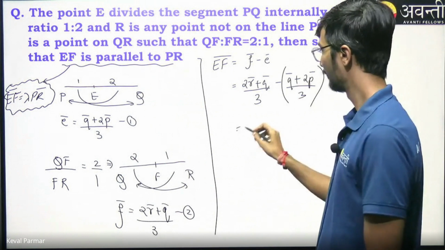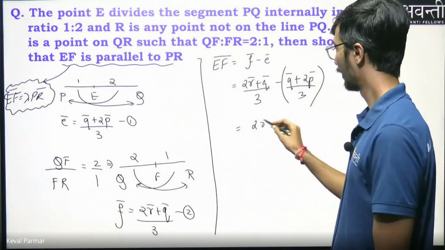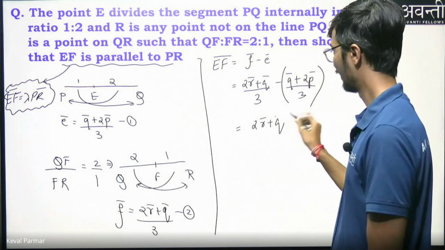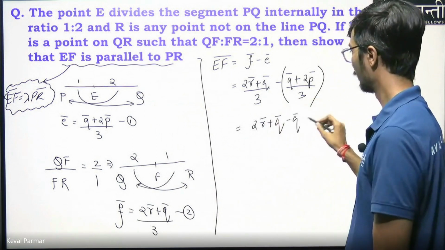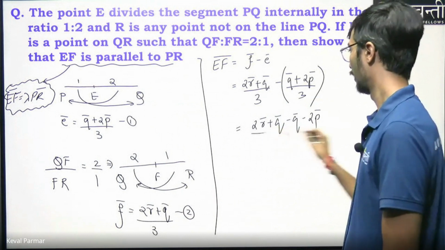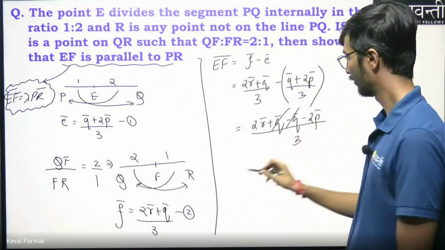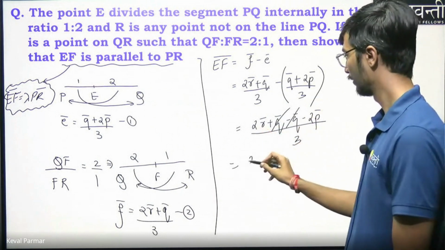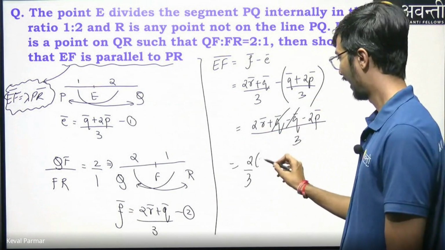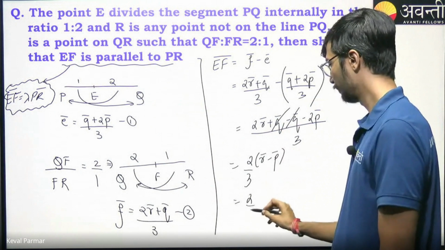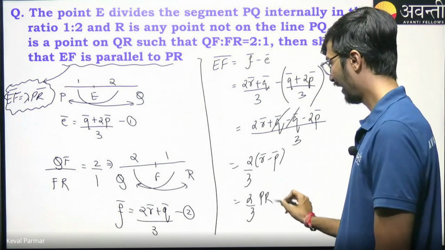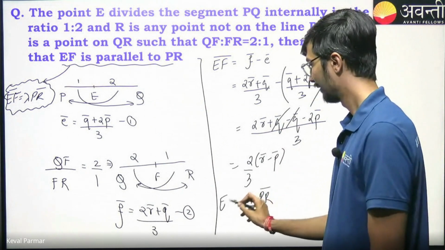So if I simplify this, I'll get 2R bar plus Q bar, LCM is not needed, it is already 3, minus Q bar minus 2P bar upon 3. So this will get cancelled. I can take 2 common. So I get 2 by 3 times R bar minus P bar. What is R bar minus P bar? It is PR bar. This is EF bar.